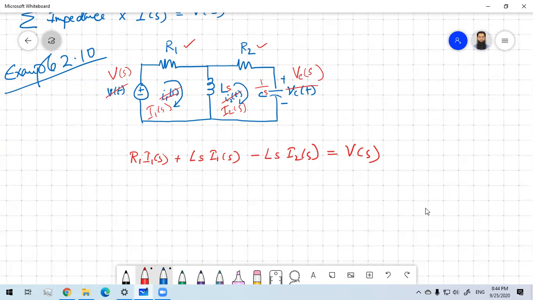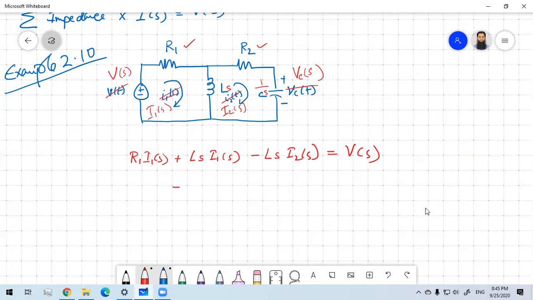Okay, so in the second loop, two currents will be there for the inductor as well. Now this time it will be minus of the first current, so we can write it this way: I2 minus I1 this time. So I2 will be positive.